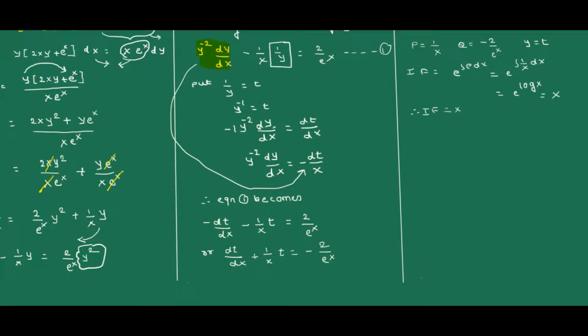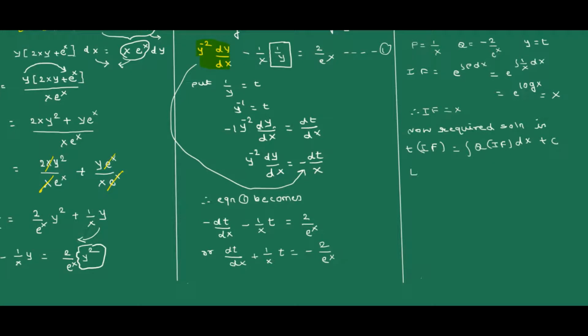Now the required solution is given by, that is y into, but y value is t, into the integrating factor is equal to integration of q into integrating factor into dx plus c.